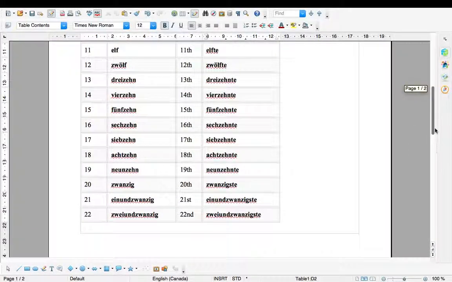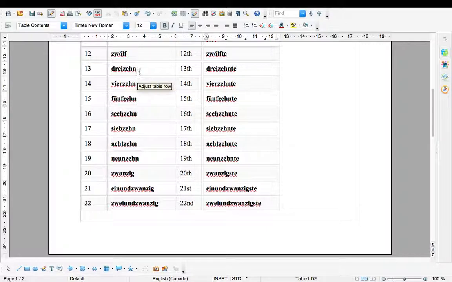You see here again, we're just adding TE. Dreizehnte, vierzehnte, fünfzehnte, sechzehnte, siebzehnte, achtzehnte, neunzehnte, zwanzigste. Now we add the STE, 20 onwards.